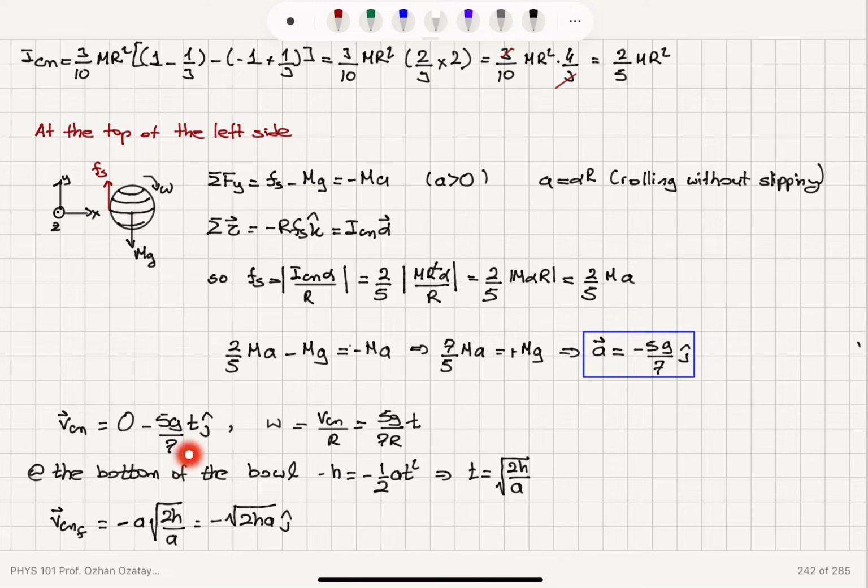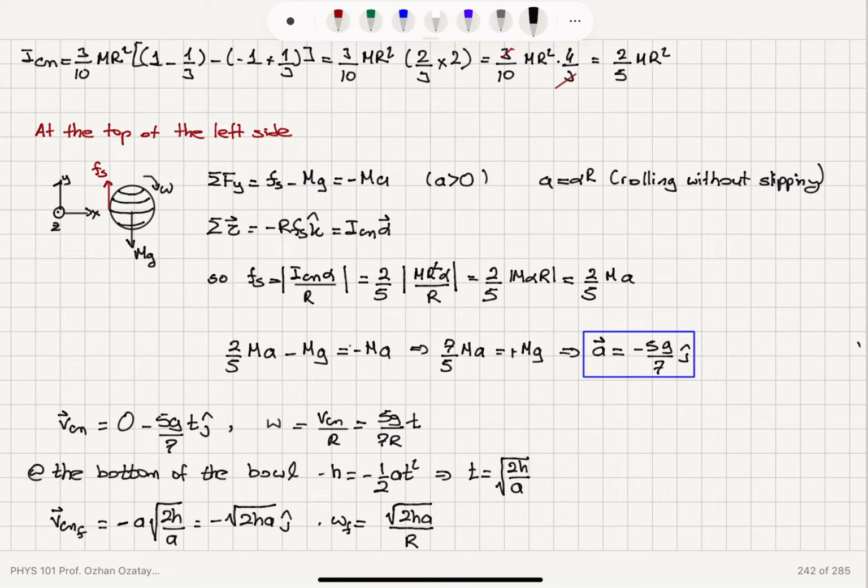This is going to be our final speed when we substitute for t square root 2h over a. Omega final will be equal to v center of mass over r, so it's going to be square root 2ha divided by r.